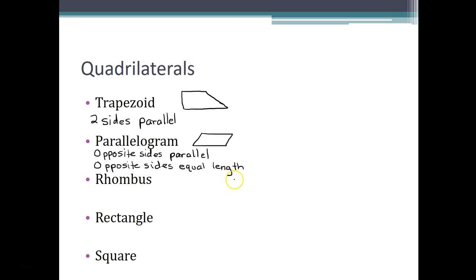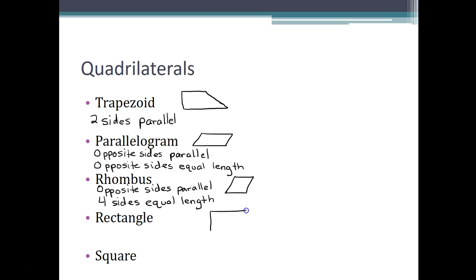A rhombus you'll often see drawn like this. Looks a lot like a parallelogram, but in a rhombus, not only are opposite sides parallel, like in a parallelogram, but all four sides are equal in length. A rectangle you often see drawn like this.